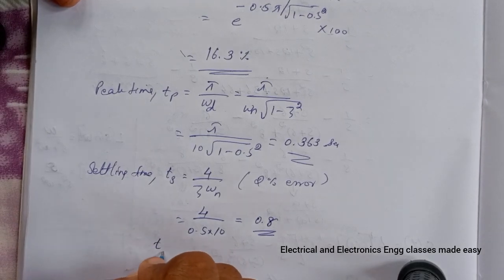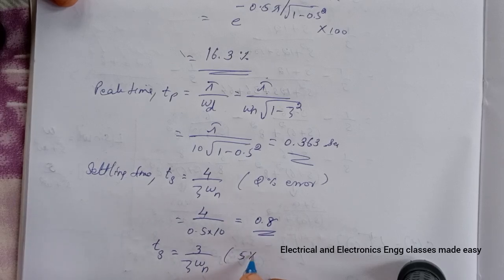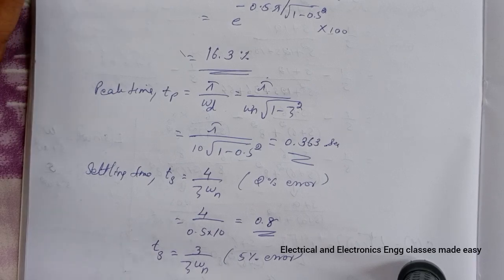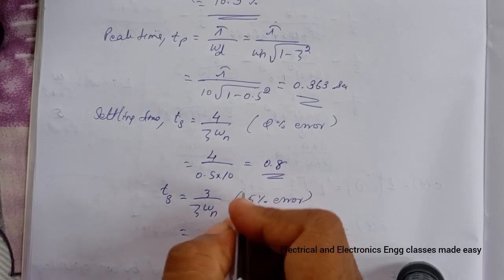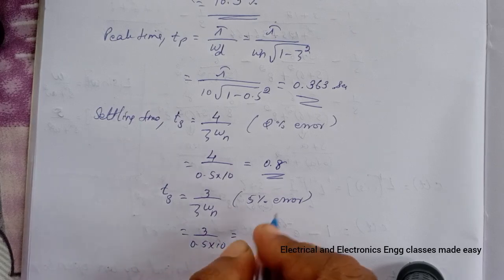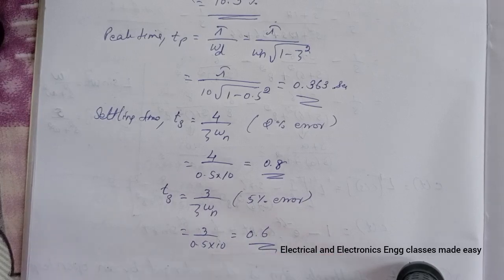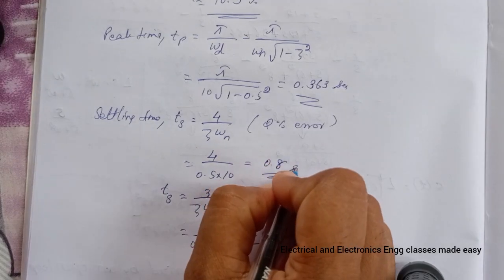And also settling time Ts is equal to 3 divided by zeta omega n for 5 percentage error, and that is equal to 3 divided by 0.5 into 10, and that is equal to 3 by 5, which is 0.6. So this is seconds.